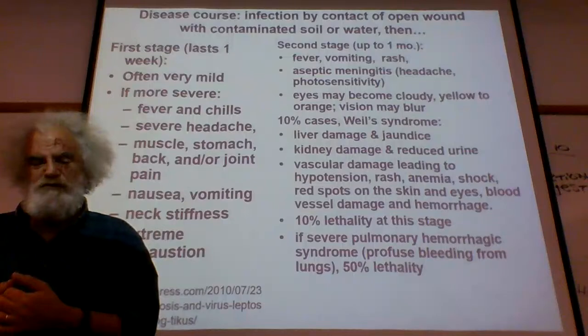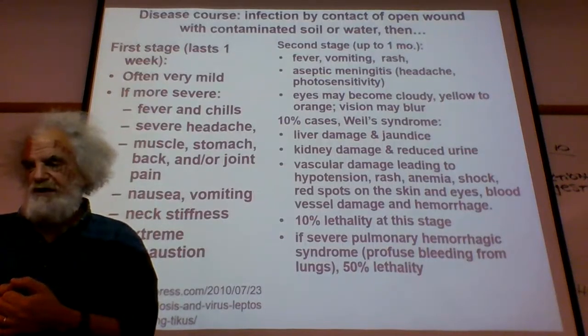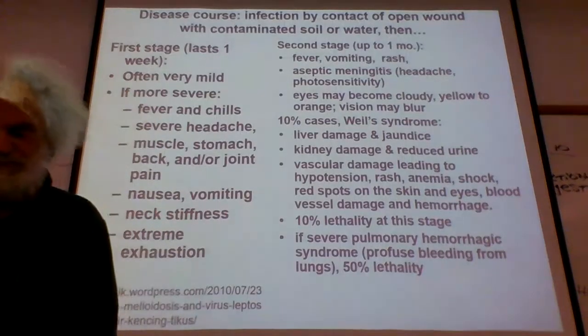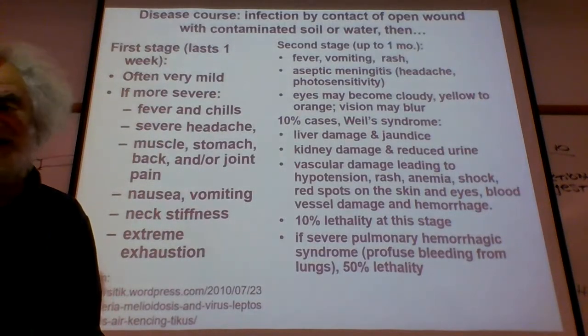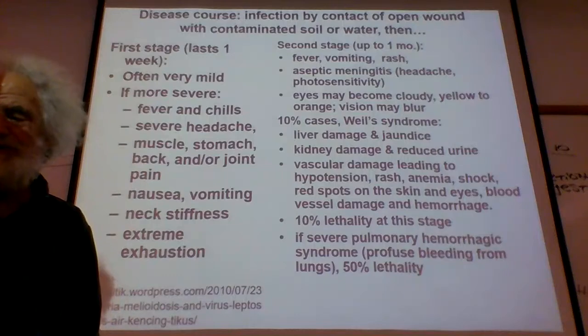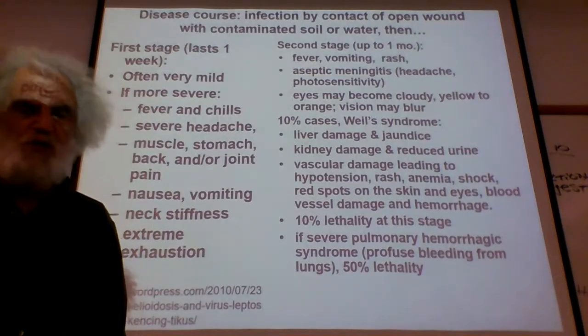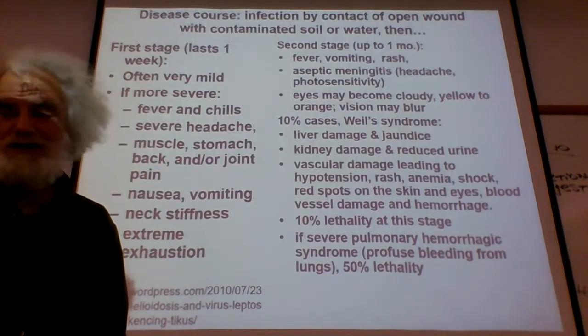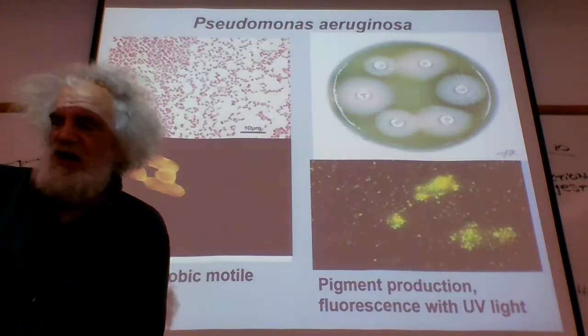You can end up with pretty severe problems at this point. Profuse bleeding from the lungs, 50% lethality at that point. That's letting it go for a long time. All right, so when we've got an open wound, we need to treat it with antiseptic, an antibiotic.